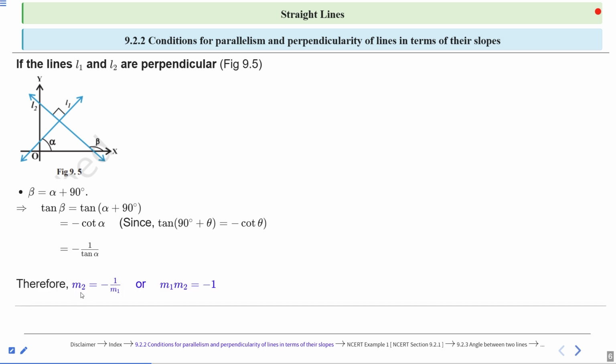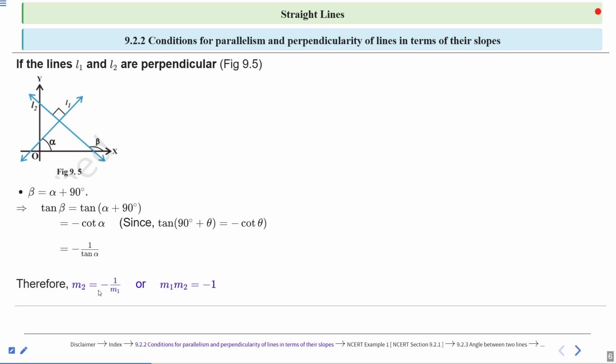The slope of the line L2 is tan beta, and the slope of the line L1 is tan alpha. With slope of L1 as m1 and slope of L2 as m2, therefore m2 is equal to minus 1 by m1.